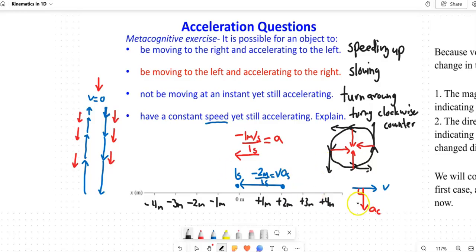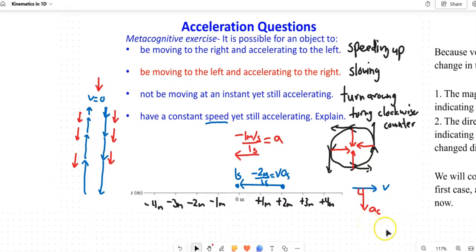Another type of acceleration vector is one that is responsible for turning you. So an acceleration vector, which is a push or a pull, when it's parallel to your velocity vector, is going to speed you up or slow you down. But if you have an acceleration vector that is perpendicular to a velocity vector, it's going to turn you clockwise or counterclockwise.